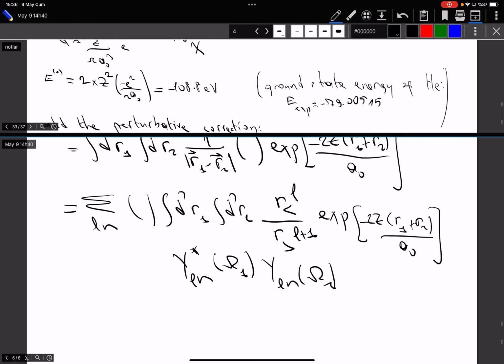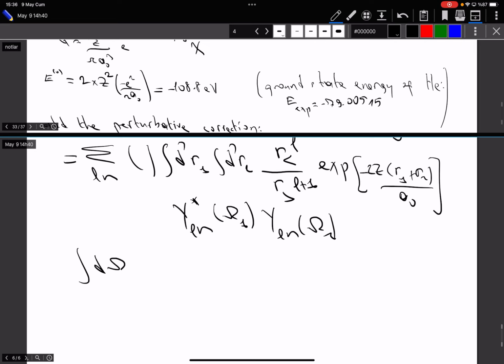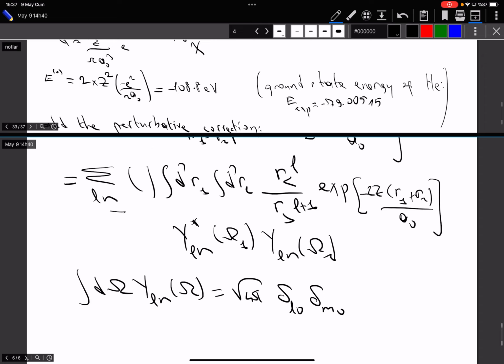Now the angles are separated. They're just written as products inside that integral, so I can evaluate the theta 1 phi 1 integral independent of the theta 2 phi 2 integral. And the integral of Y_Lm of omega is actually square root of 4 pi times Kronecker delta L0 times Kronecker delta M0. So although here I have a summation over L and M, only one term contributes to that integral.